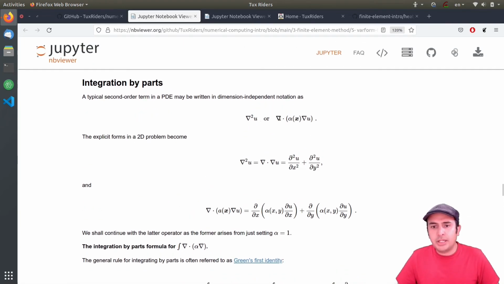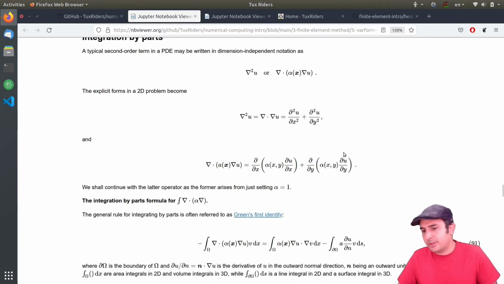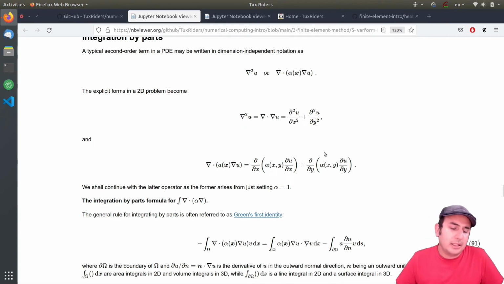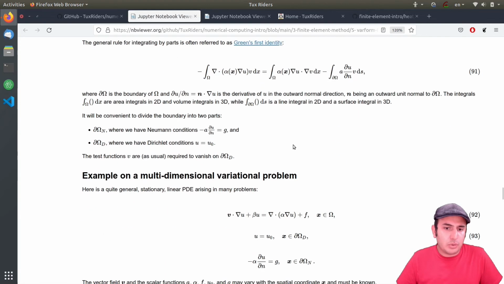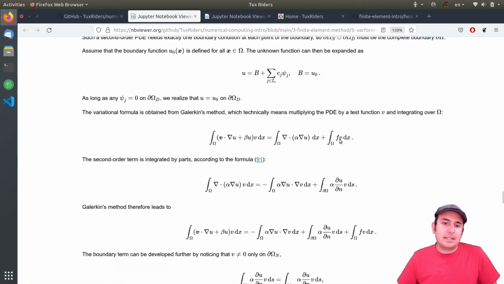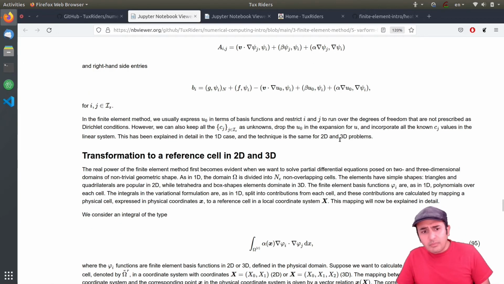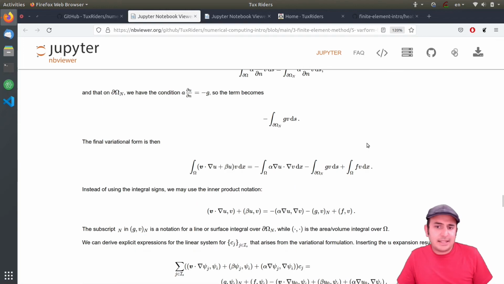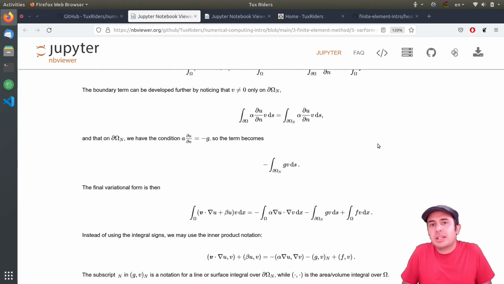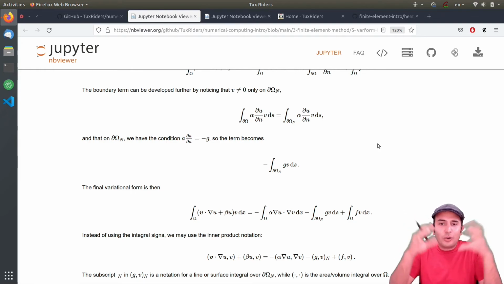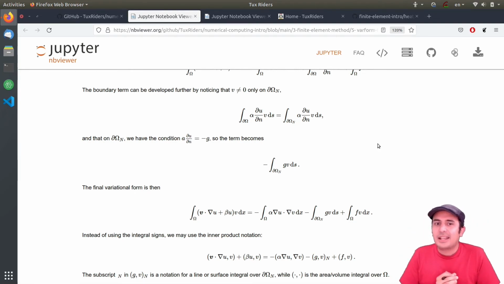You have the Laplacian and the gradient instead of the first-order and second-order derivative, or sorry, the other way around. Integration by parts and everything is just the same. So that's what you needed to know about variational formulation, and now you can see all the things connected.